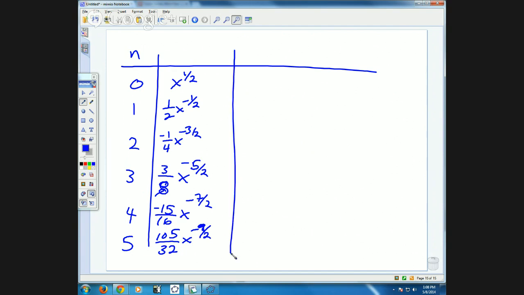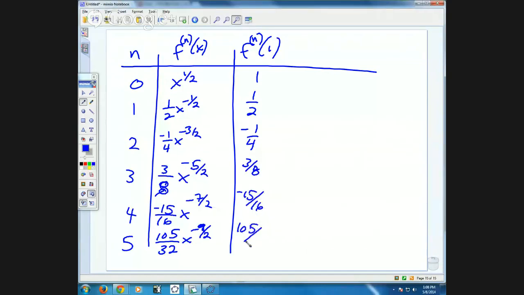Okay, so then we plug. What we calculated here is the nth derivative of f of x. Now we need to plug our center into that. Okay, 1, 1/2, negative 1/4, 3/8, negative 15/16, 105 over 32.